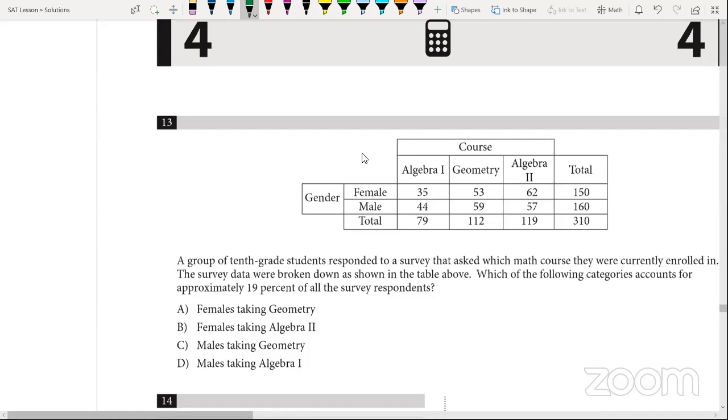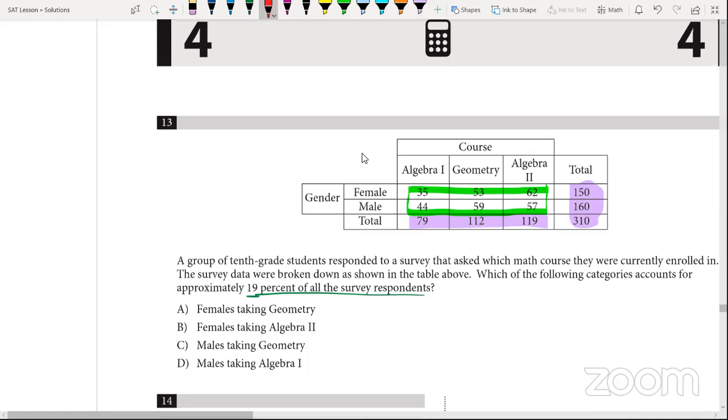We're saying 19% of all the survey respondents, and which of these would account for 19%? So here's the actual data in green, and the stuff in purple here are the totals. So we don't want to get distracted by the difference between those two. But what would be 19% of all the respondents?